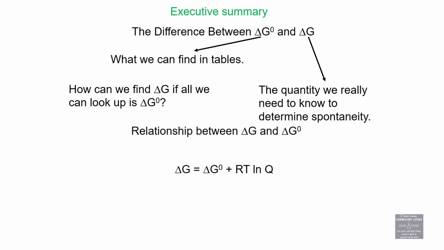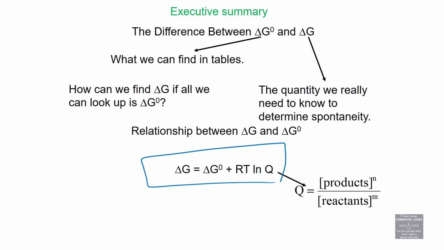We found delta G non-standard is equal to delta G standard plus RT ln of Q, where Q is products raised to their coefficients divided by reactants raised to their coefficients. If you didn't follow along my derivation, that's okay, but this is the take-home message of why we did all of that to come up with this new formula.